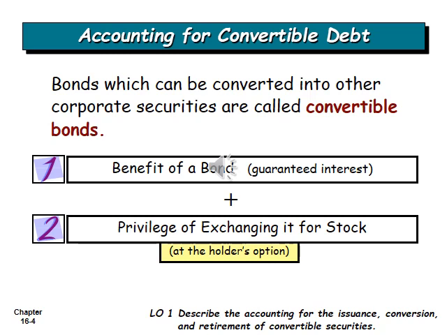Now, why is the investor encouraged to buy convertible bonds and convertible preferred stock, and why does the company issue this type of stock? The investor will buy the convertible bonds and the convertible preferred stock because he is going to wait until he determines the profitability of the company.